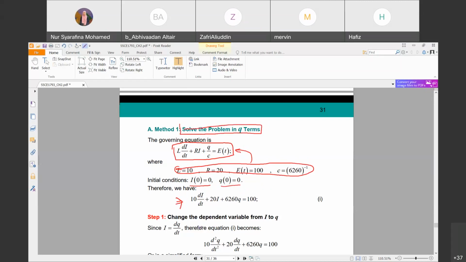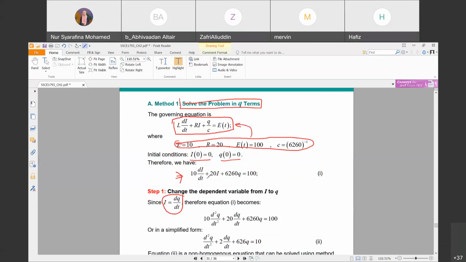So how? We want to identify Q. I is given by dQ/dt, then dI/dt is d squared Q/dt squared, so you just replace dI/dt with d squared Q/dt squared. We differentiate dQ/dt again, which gives d squared Q/dt squared, and I here is dQ/dt. Then Q equals 100.